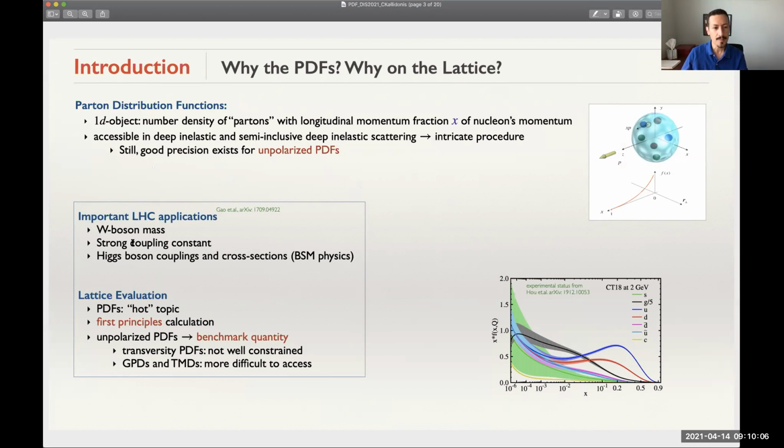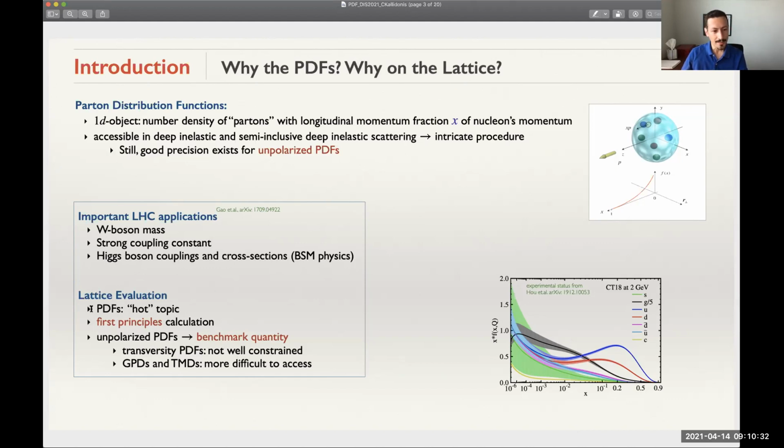Now, since the PDFs enter a variety of important applications, including W boson mass calculations, the strong coupling constant, as well as Higgs boson couplings and cross sections, which may help probe beyond standard model physics, this makes them a particularly hot topic, and therefore lattice evaluation is particularly timely.